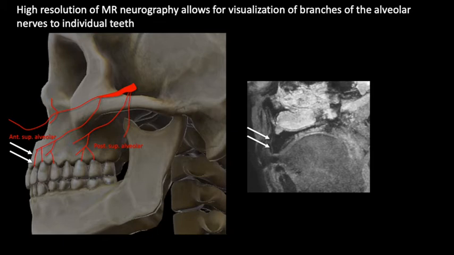Amazingly, we actually have the resolution to identify each individual branch to each tooth along the maxillary alveolar ridge. And I actually showed these images to one of the neurosurgery fellows who works in the dissection lab, and he was absolutely amazed. He said to me, "This is what I see." We actually have the ability to essentially do a dissection non-invasively using these MR neurography techniques.